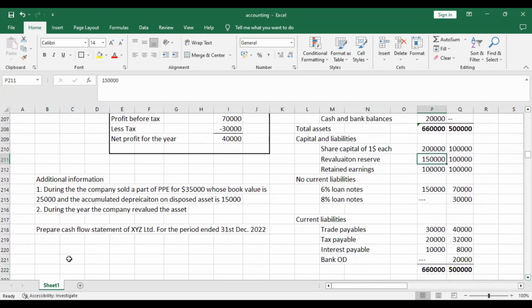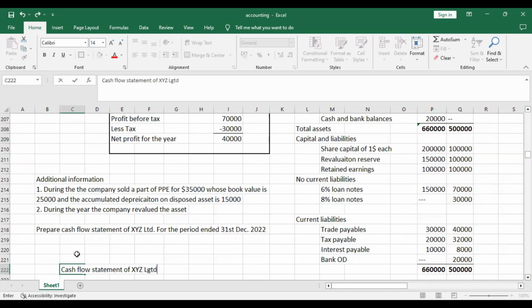First of all, you need to put the heading. What is the heading? Cash flow statement of XYZ Limited for the period ended December 2022.